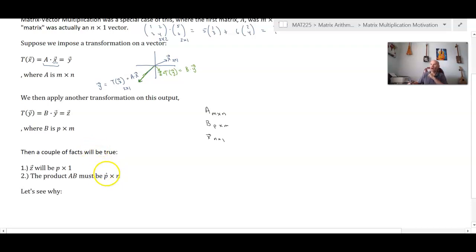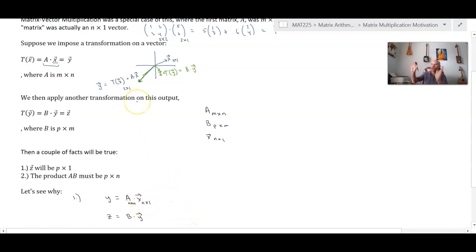Let's try to make sense of why this would have to be the case. So first of all, in order to get y, we take A times x. In order to get z, we take B times y. Now, to verify fact 1, let's observe that A is m by n, x is n by 1.